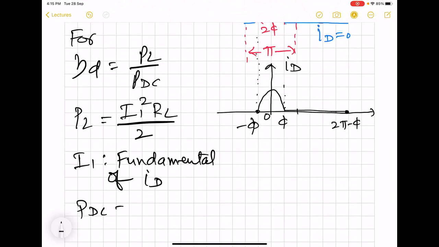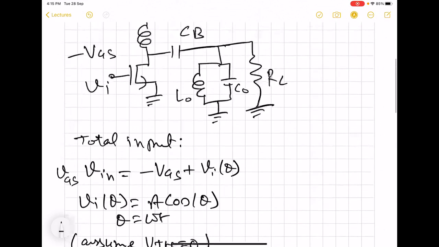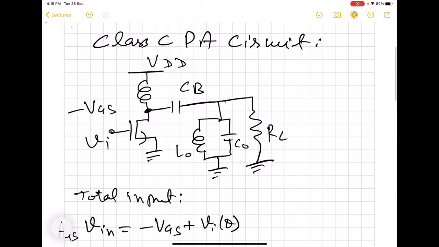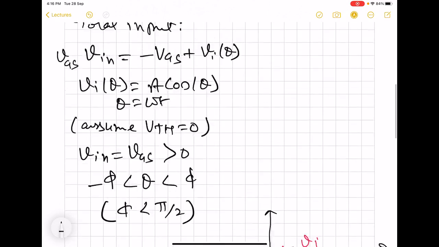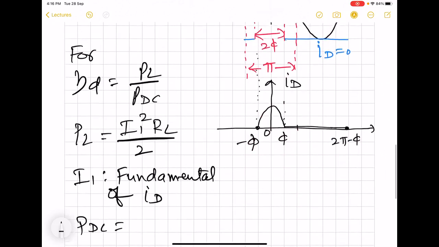And PDC is going to be, because the DC drain voltage here is VDD always, and there is going to be IDC, and this IDC is also going to be the DC of the total drain current, like I1 was for the fundamental. So let us say that the peak of this drain current is IP.